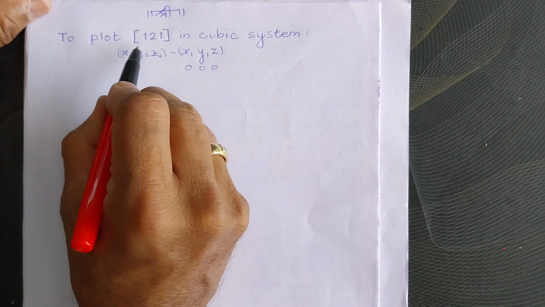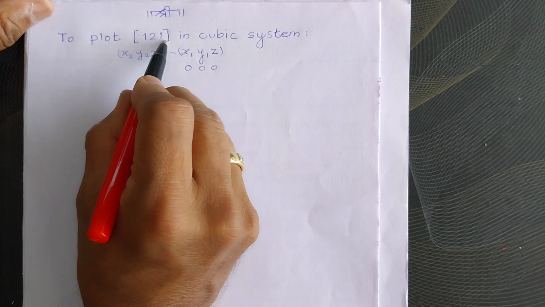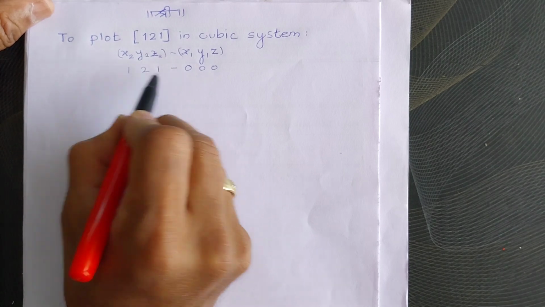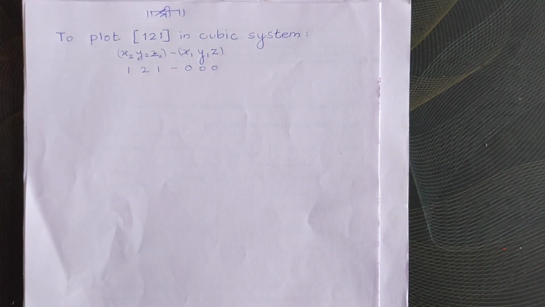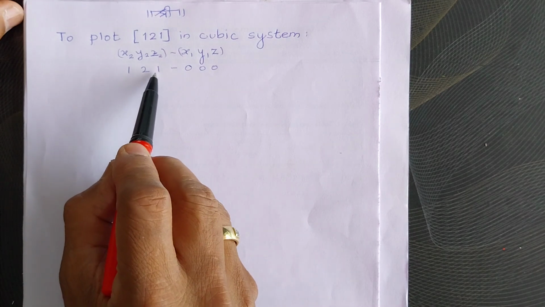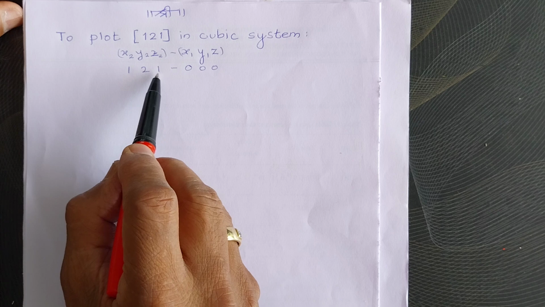And therefore, the x2, y2, z2 coordinates would become 1, 2, 1 respectively. So 1 minus 0, 2 minus 0, 1 minus 0 will give us the numbers 1, 2, 1. In this case, we also note that the numbers 1, 2, 1 represent, with respect to a unit cell, a proportion.